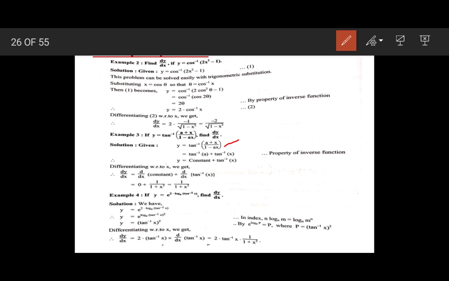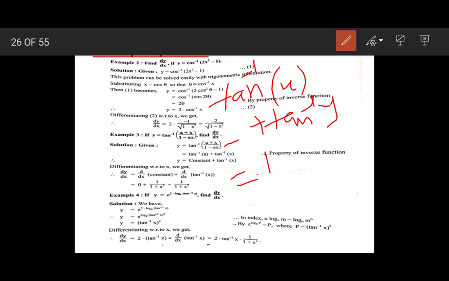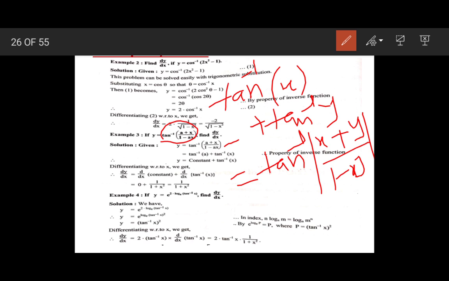This is nothing but the formula of tan inverse x plus tan inverse y, that is equal to tan inverse (x plus y) upon (1 minus xy), right? So this part is the right hand side of this formula. So we can write this as tan inverse a plus tan inverse x. Okay. Now tan inverse a is a constant part plus tan inverse x.